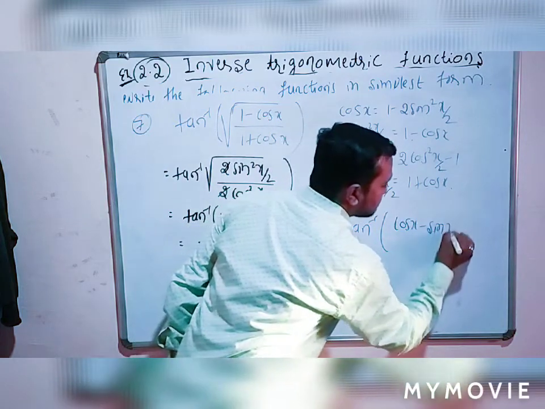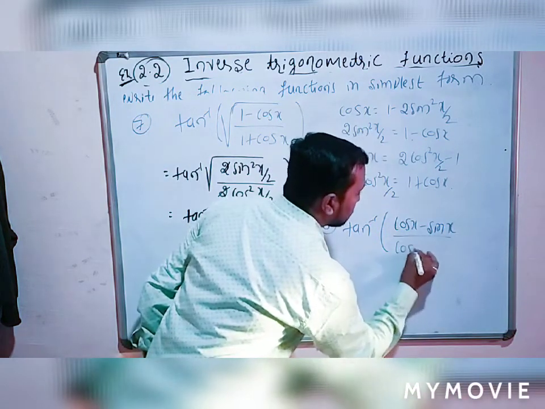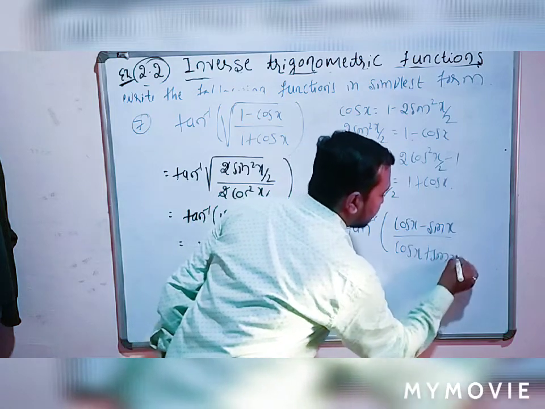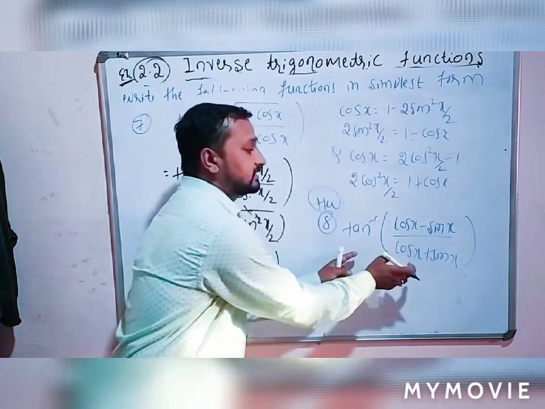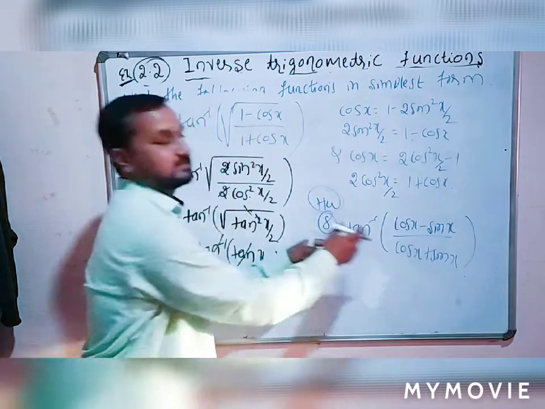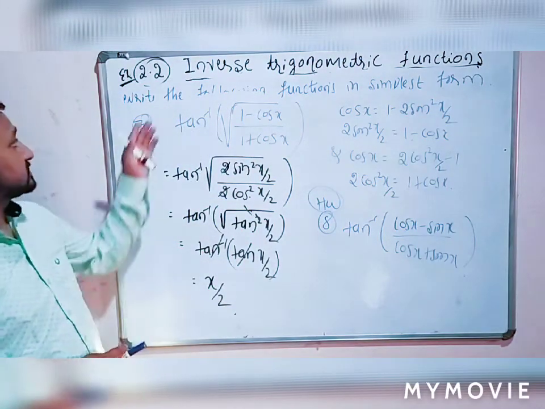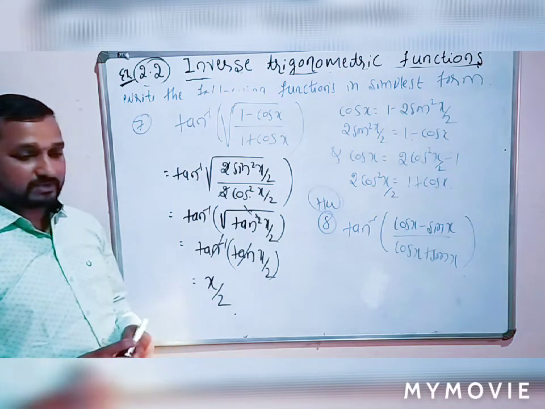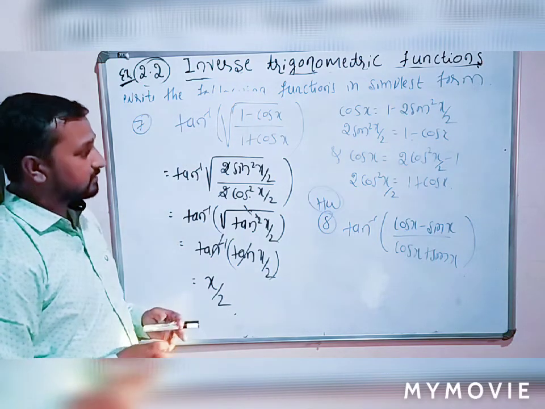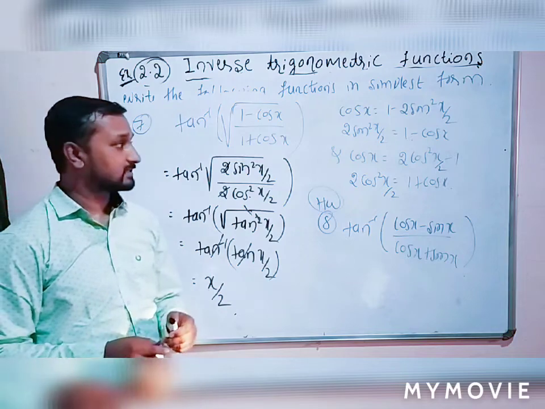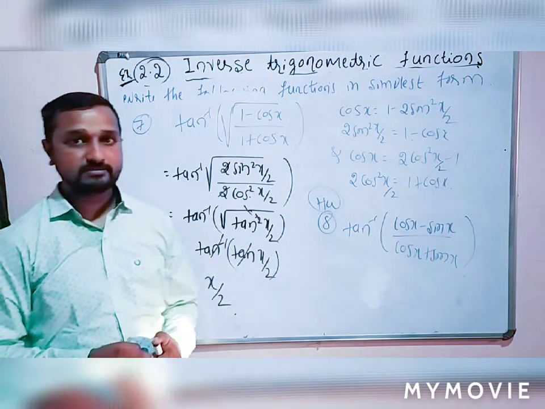Already this type of example is there in the first example. Is it clear? So students, this is all about some of the examples. The remaining examples will be discussed in the next class. Okay, thank you students.